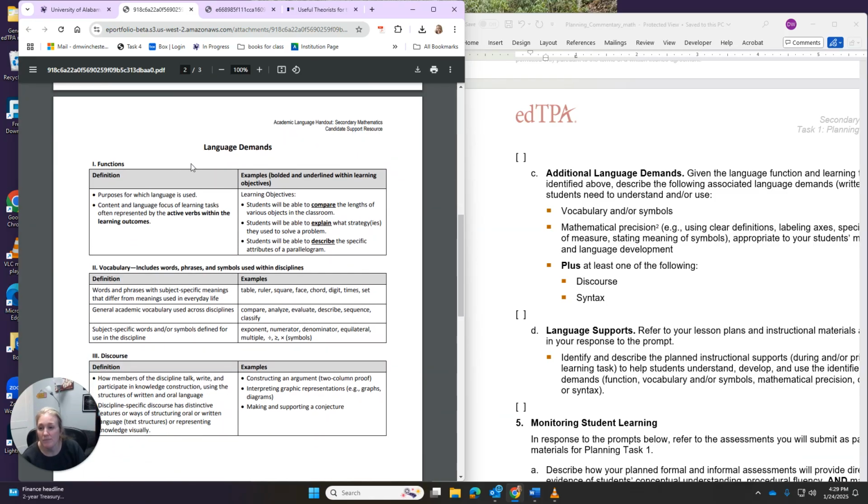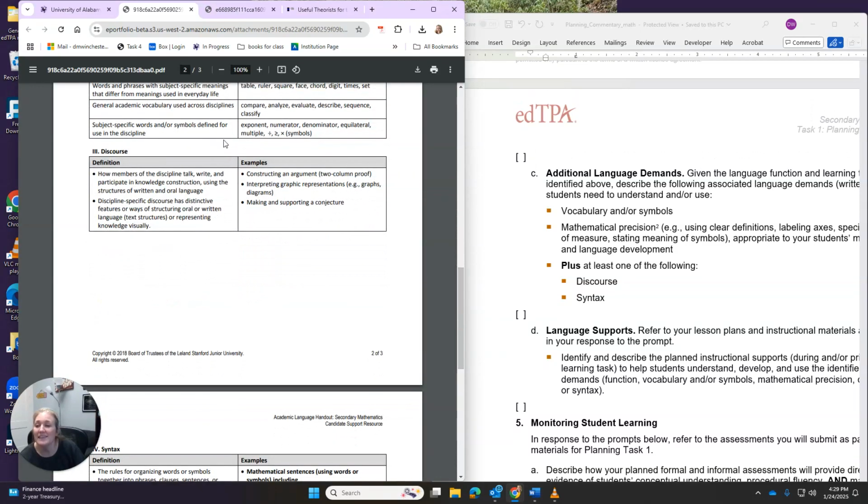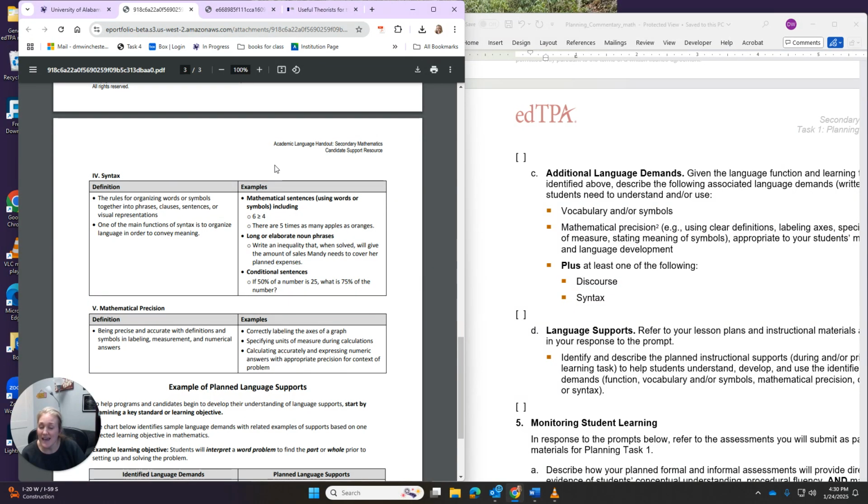So here's math. Here's the function. It gives you some examples of vocabulary, and then it gives you the definition of discourse in the mathematics program, and then examples. And it's going to do that same thing for syntax and examples.